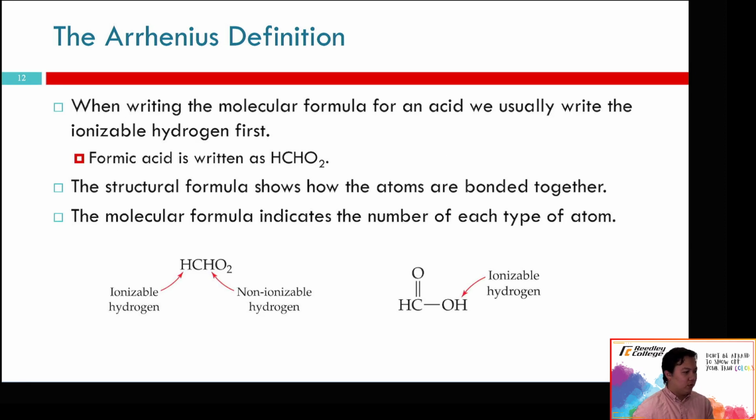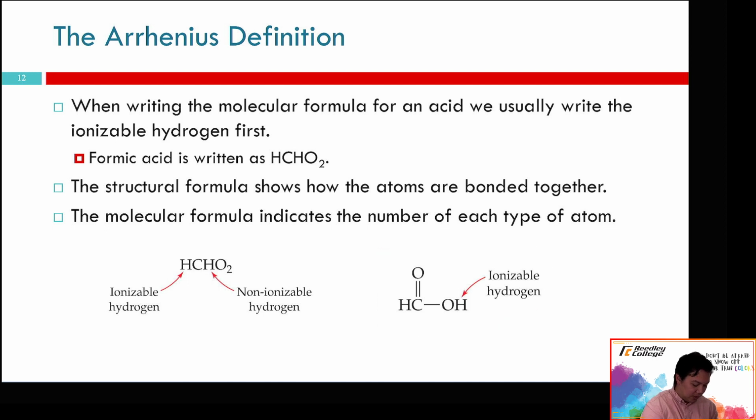When you're writing the molecular formula for an acid, we usually write the ionizable hydrogen first. That's why HCl. Acetic acid is one of them. This is formic acid. So we put this ionizable hydrogen first. The structural formula shows how the atoms are bonded together.